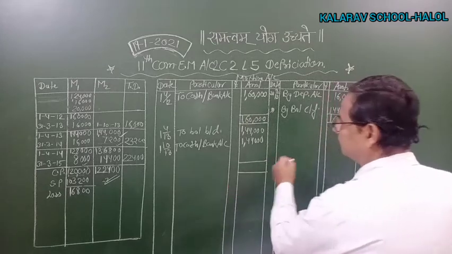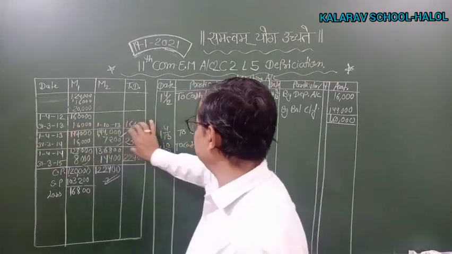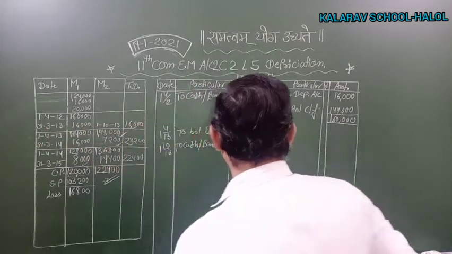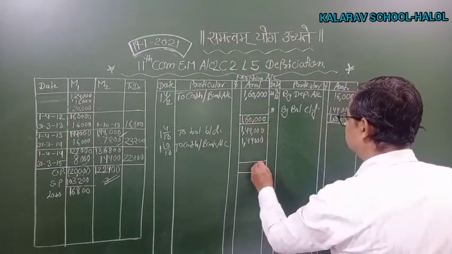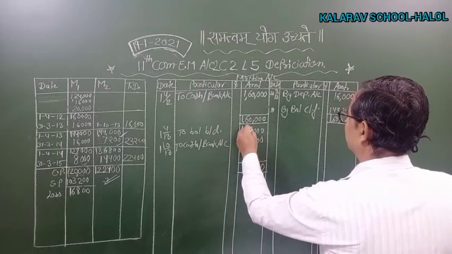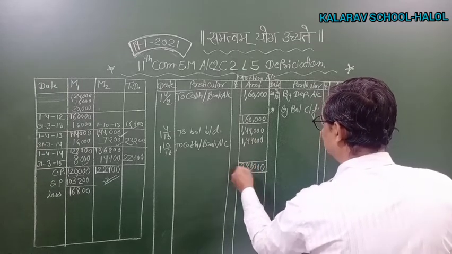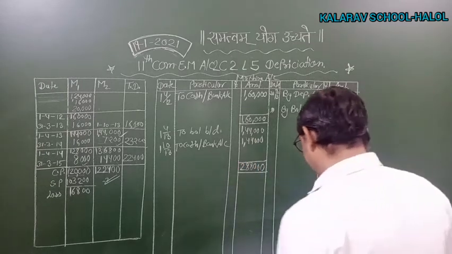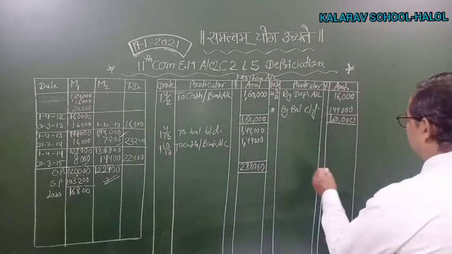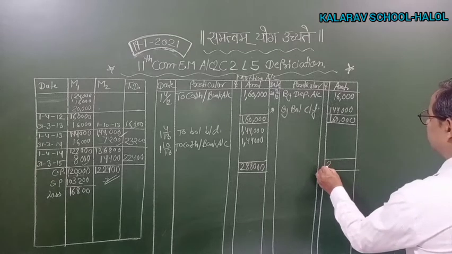And again here no another transaction is there, so first thing you add this. 4 plus 4 is 8, 4 plus 4 is 8, and 2,88,000. Okay, the same amount you write in this side, 2,88,000.